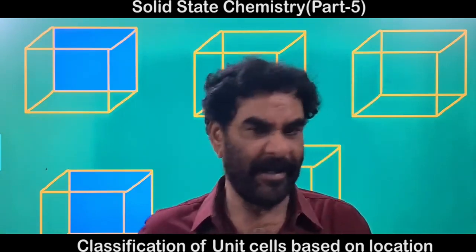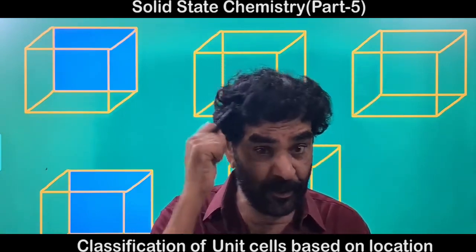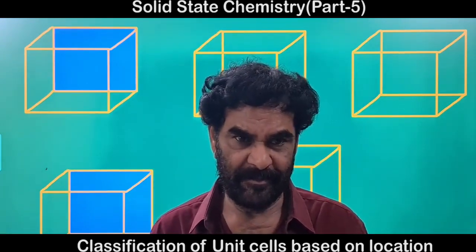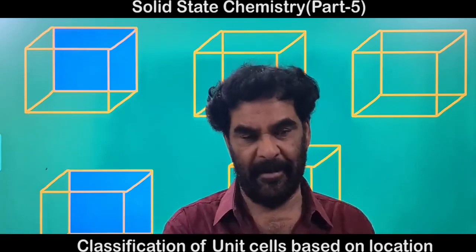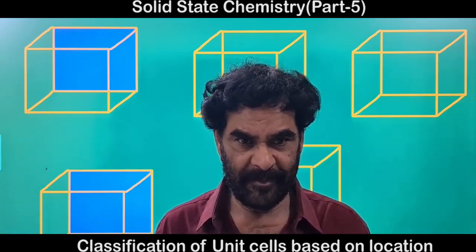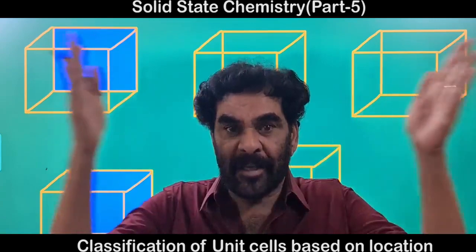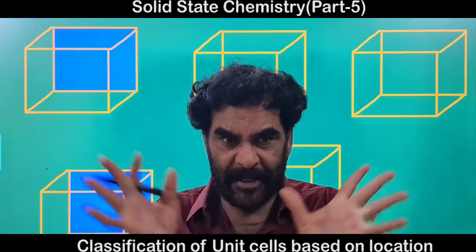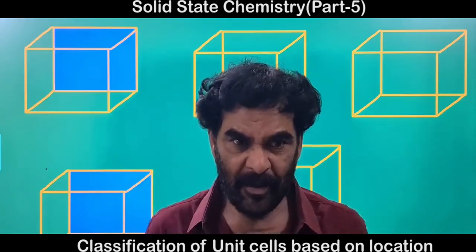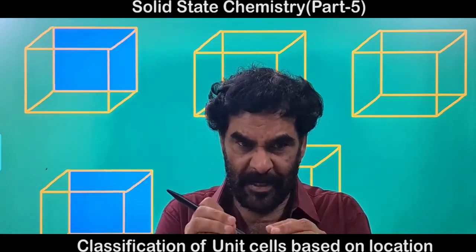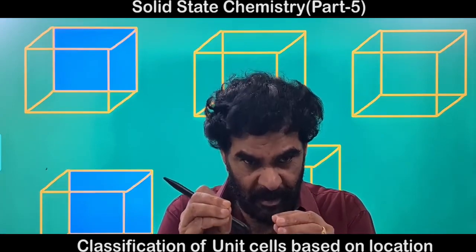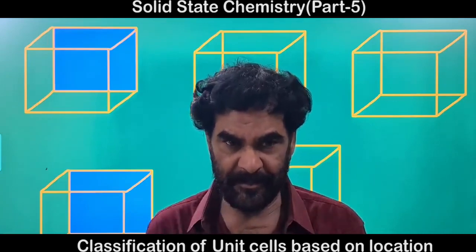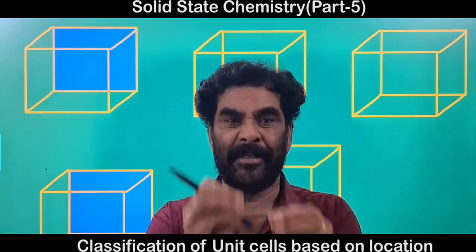Location of the lattice points in the unit cell, position of the lattice points in the unit cell. Unit cells are further classified. Now first we are classifying the unit cells based on the position of the lattice points in the unit cell.